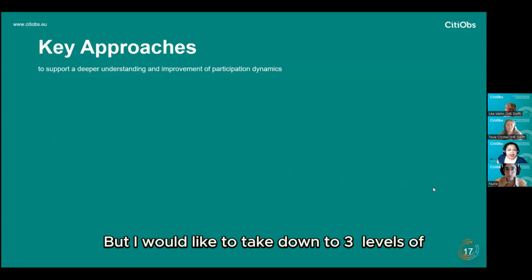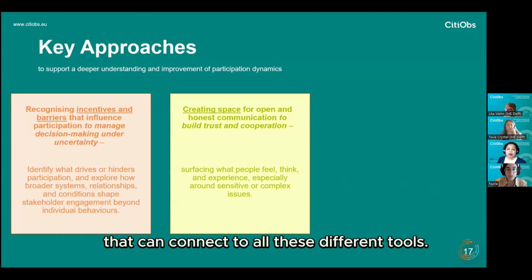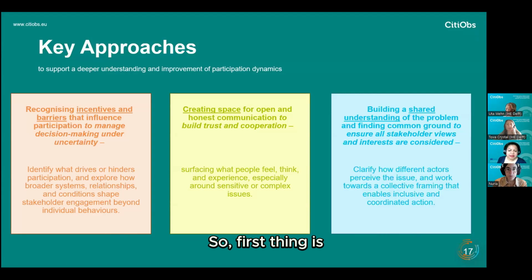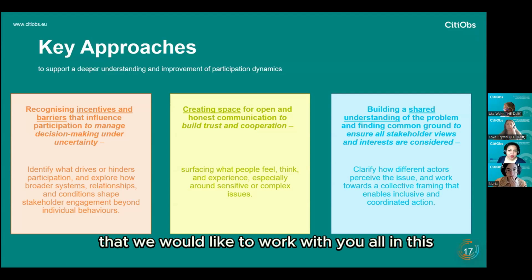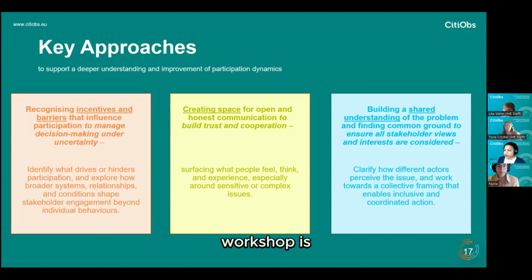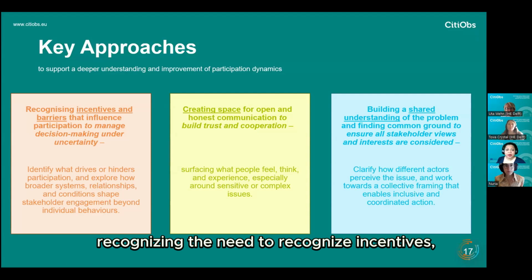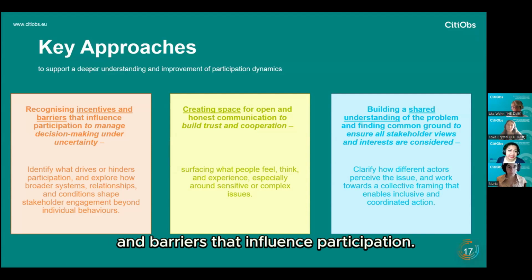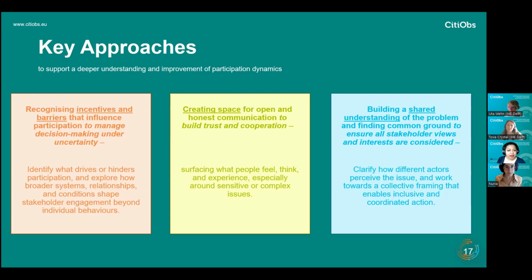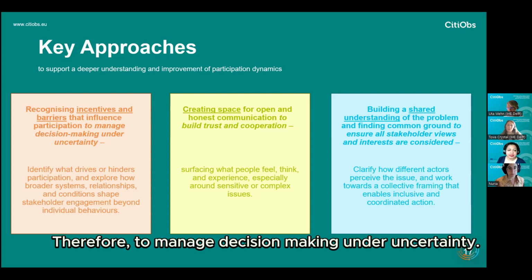But I would like to take down three meta levels of approaches that can connect to all these different tools. So first thing is also looking at your various responses on the Miro board. One of the key approaches that we would like to work with you all in this workshop is recognizing the need to recognize incentives and barriers that influence participation, therefore to manage decision making under uncertainty.